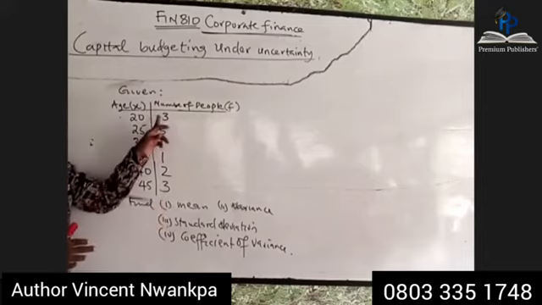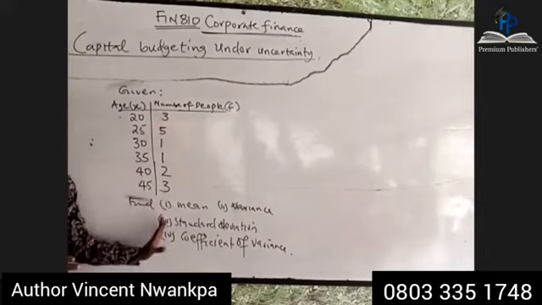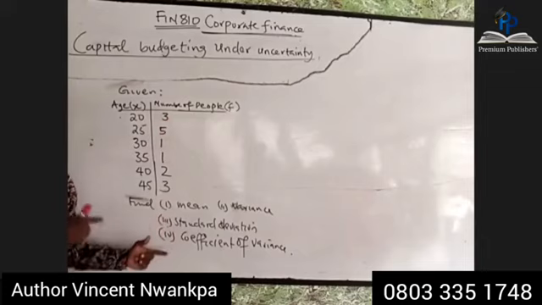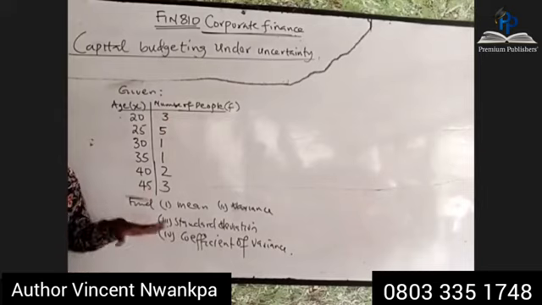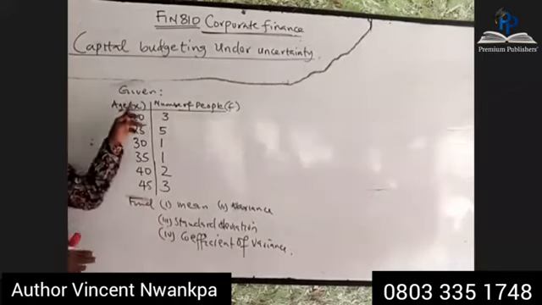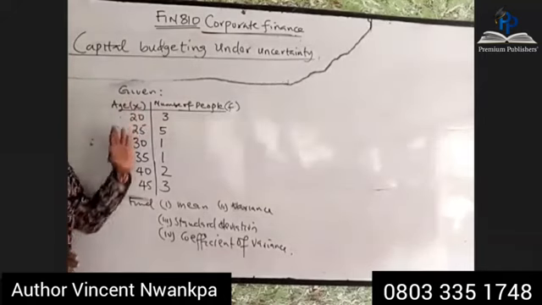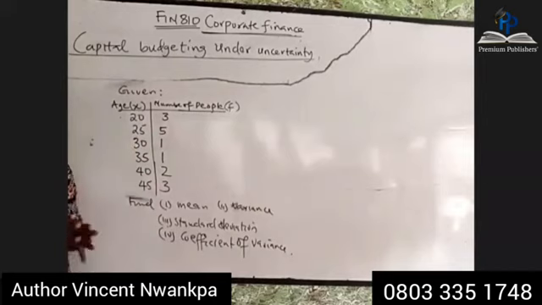You can see it's not from smallest to highest, neither is it from highest to lowest. There are 2 orders we know, ascending and descending. But variables are arranged in ascending or descending order of magnitude.